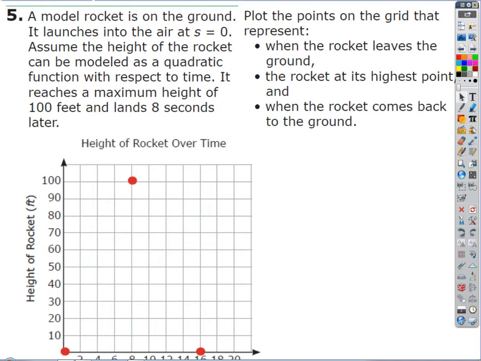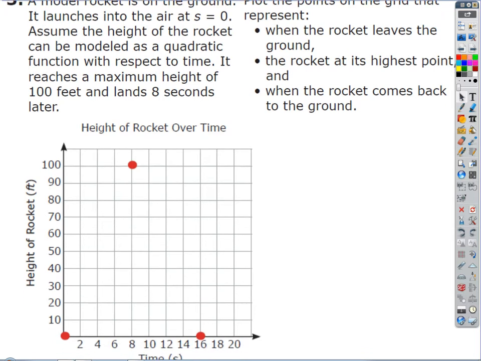Okay, I need it a little quieter, please. If it's a quadratic function, then it reaches a maximum height of 100 feet and lands 8 seconds later. So how could we fill in the blanks? All we've got to do is we know that a parabola is symmetrical about its axis, right? So this is really simple then.